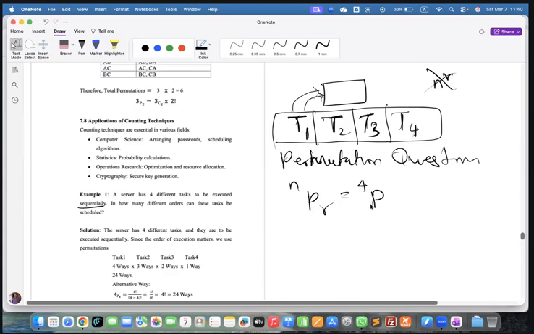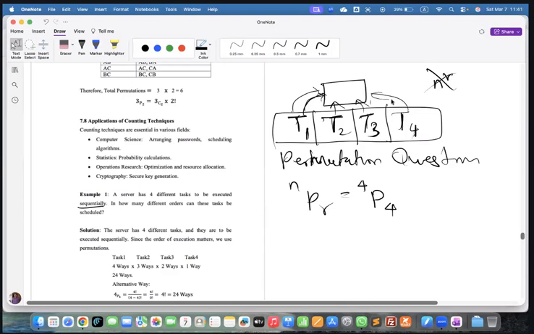It's also 4. Why is it also 4? In the server, we need to utilize all 4 tasks one by one. So from 4 objects, we are utilizing all 4 objects to make the order.